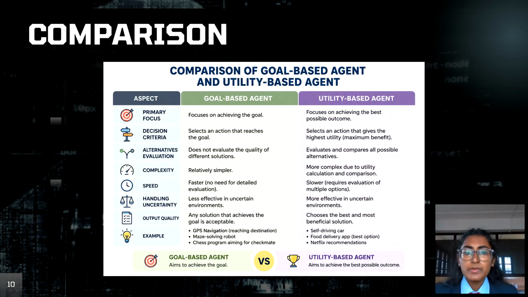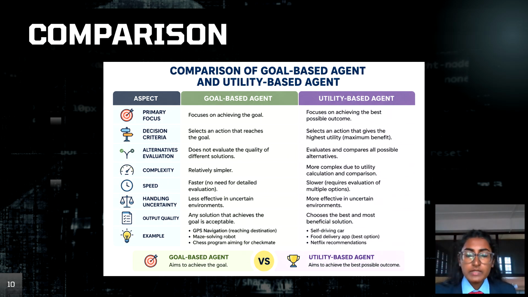Now let us see the comparison of the goal-based agent and the utility-based agent. The primary focus of the goal-based agent is that it wants to achieve the goal, but the utility-based agent mainly focuses on achieving the best possible outcome. For decision criteria, the goal-based agent selects an action that achieves the goal, but the utility-based agent selects the action with the highest benefit or maximum utility.